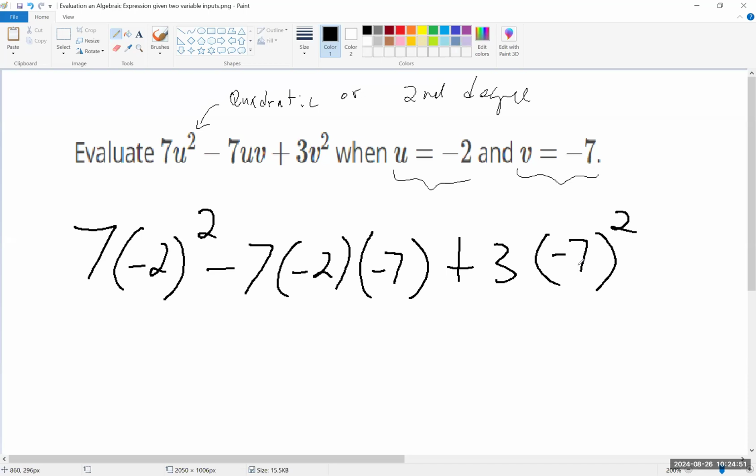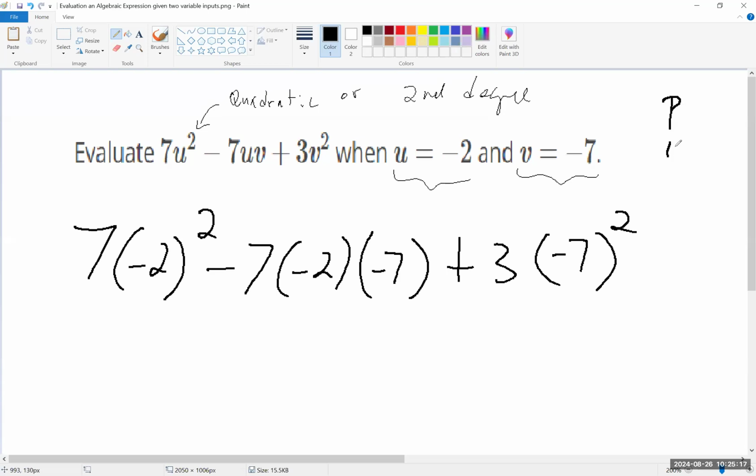Okay, now you're gonna follow order of operations. Parentheses. When they say parentheses, they're talking about things that are grouped inside the parentheses. If there's only one thing inside the parentheses, that's not what PEMDAS is referring to.